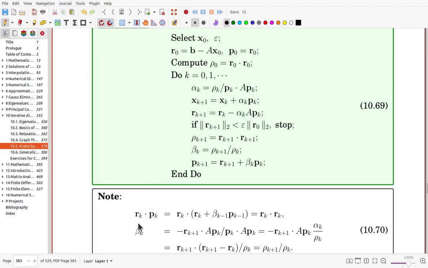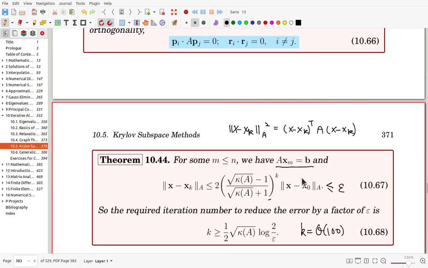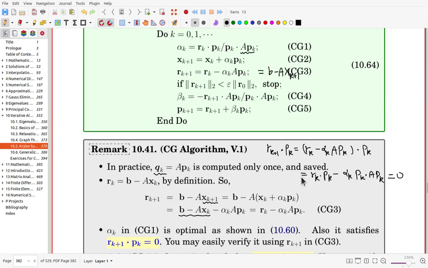Here r_k dot p_k, and earlier, let's go back to the original form. There's r_k p_k. It's the optimal choice of alpha.